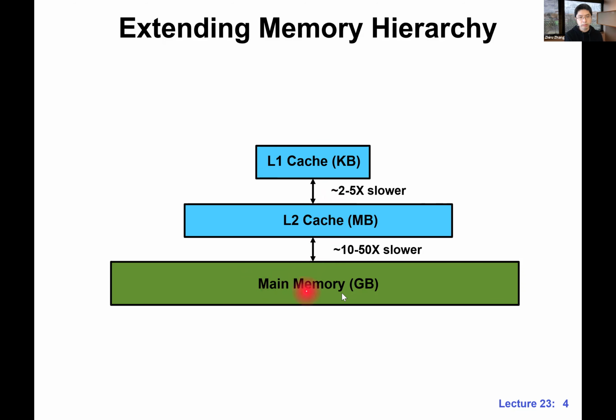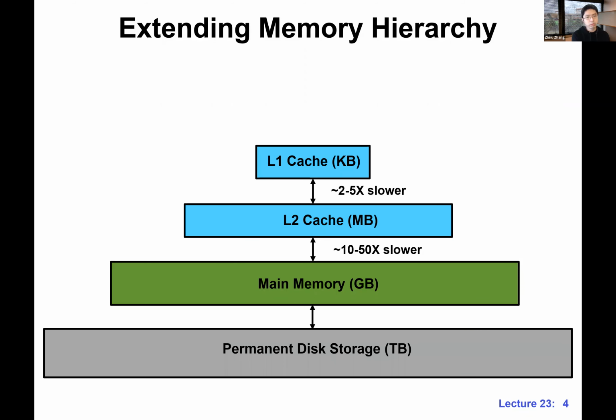And we use DRAM to implement the main memory, but even this is not large enough. Also, for both SRAM and DRAM, if we shut down the power, they lose their content. All the content will be gone.